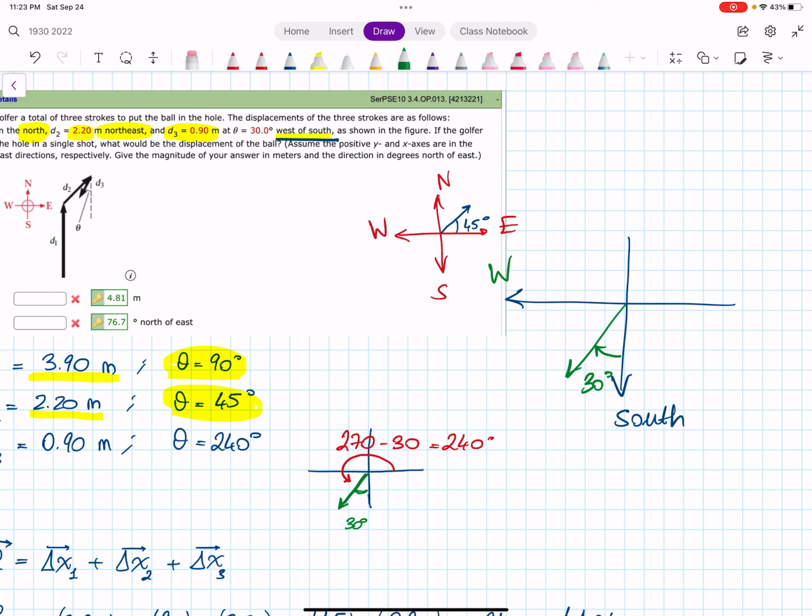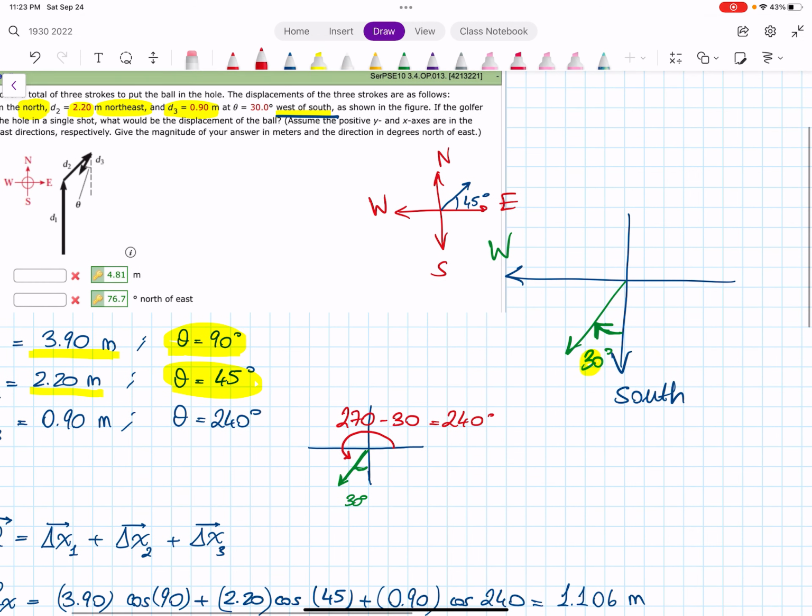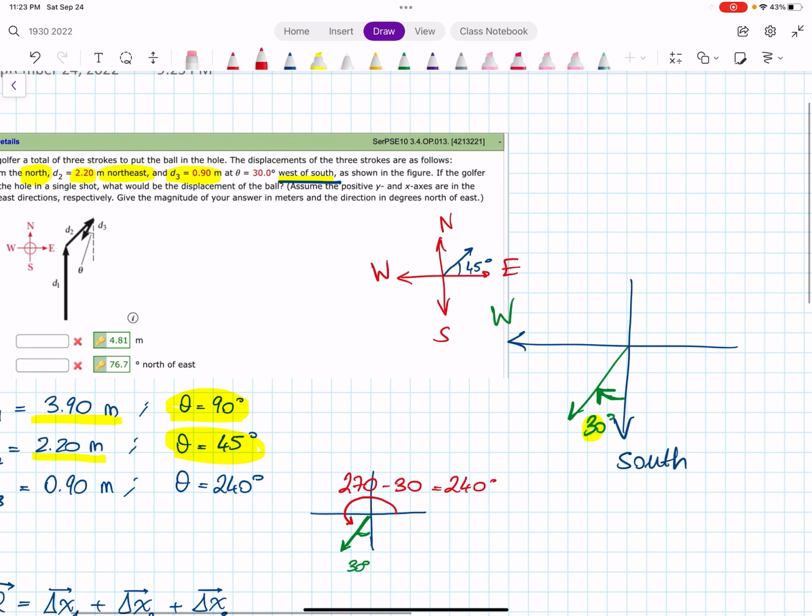This is the west, that's the south. You are going 30 degrees west of south. The angle is 30, that's good to know, but that's not how we measure the angle. We have to be consistent. If you choose a single reference line to be your reference to measure the angle, you have to be consistent.